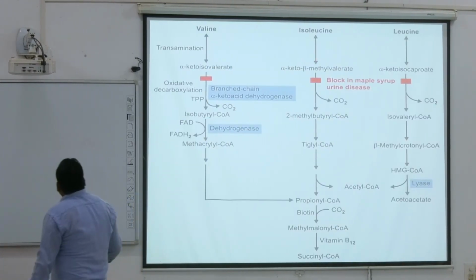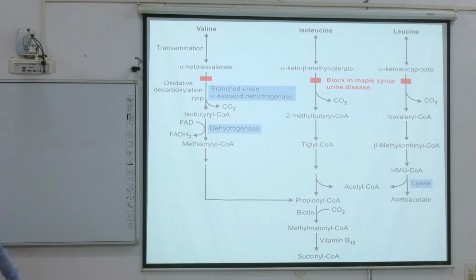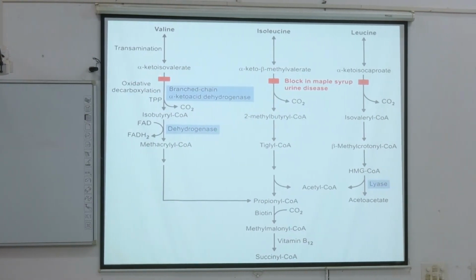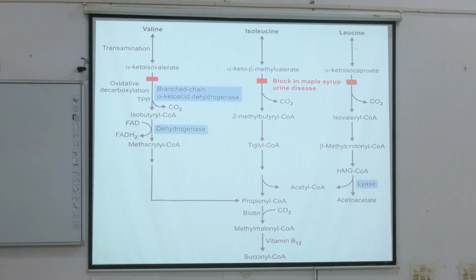That is valine, isoleucine and leucine. This is the cascade pathway for this metabolism, and you will see firstly it forms alpha keto isovalerate, alpha keto beta methylvalerate, alpha keto isocaproate. Okay, so these substrates are formed by which type of reaction? Transamination reactions.